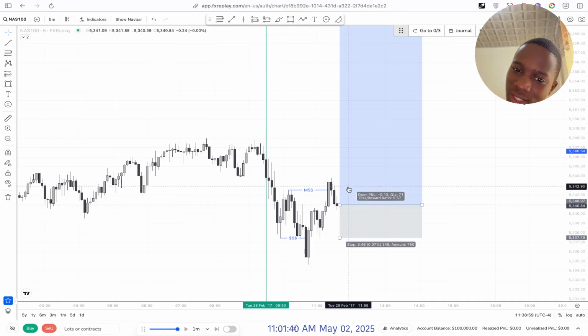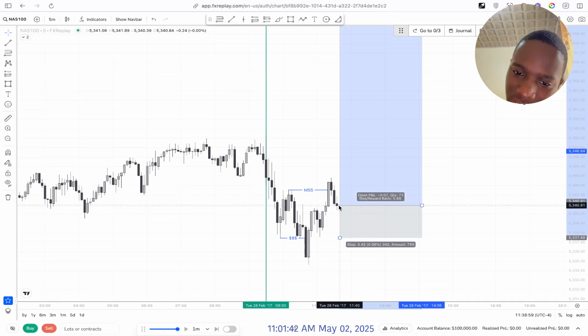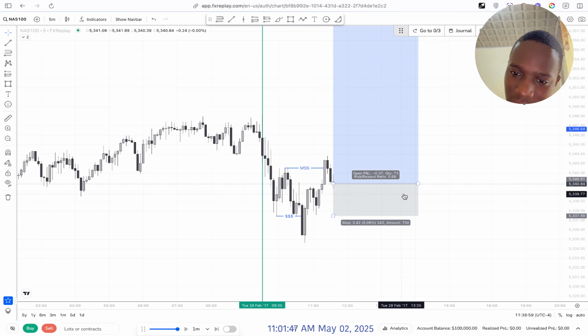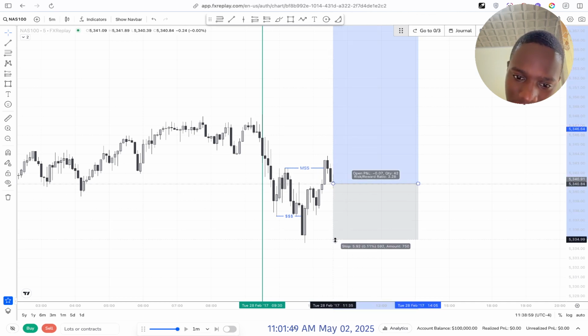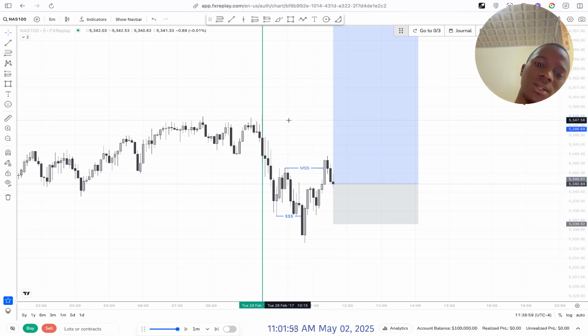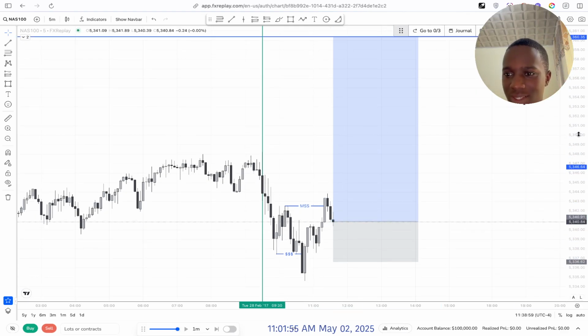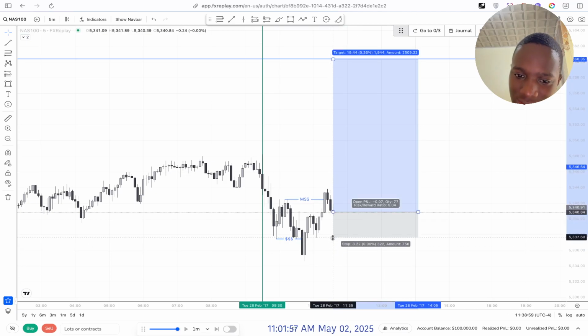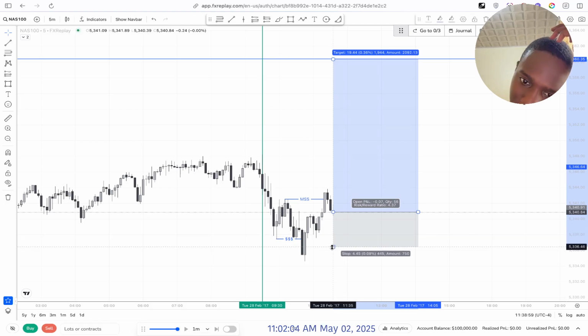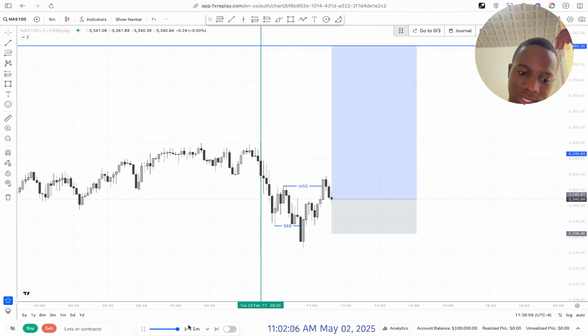There's not a high chance of it reaching that place without touching this low here. Maybe we'll have to adjust our stop loss somewhere in these lows. This is possible, but for getting this 5R trade, this low will be kind of vulnerable. So maybe we'll target somewhere here, and let's see how this one plays out.